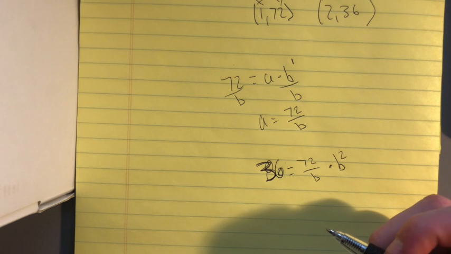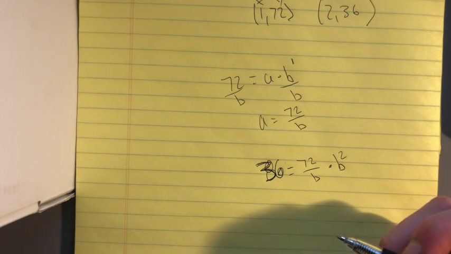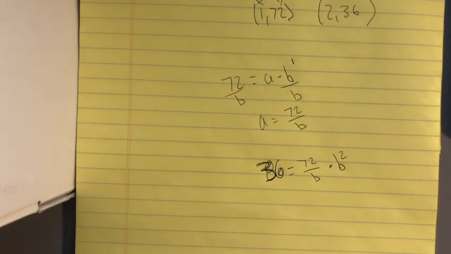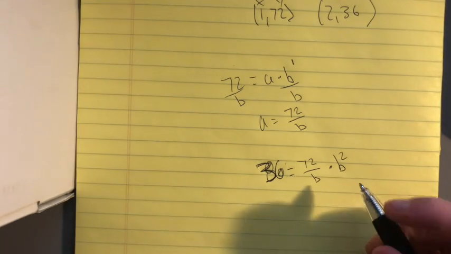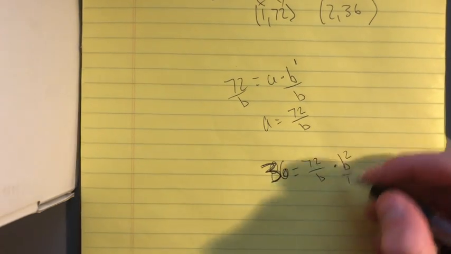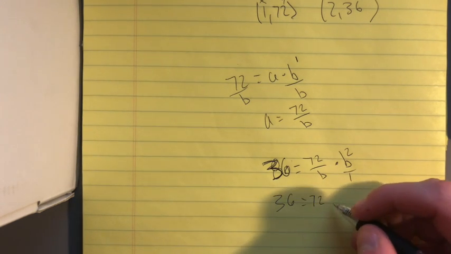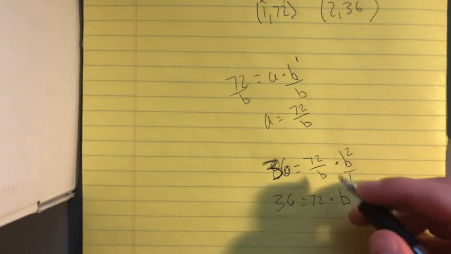We have to set it equal to, so after further review, we put this over 1, and the b's cancel, so we get 36 equals 72 times b, since there's one extra b here.